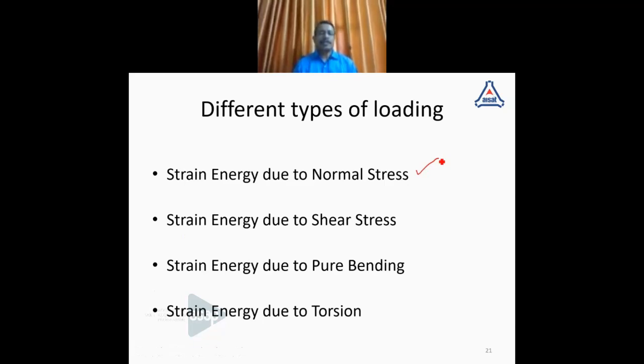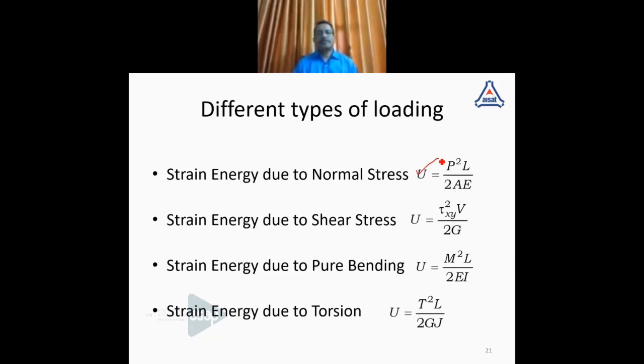When pure bending is applied, what will be the difference? Like this, we can have different expressions for strain energy upon different types of loading. These are the expressions. The first one we have proved.